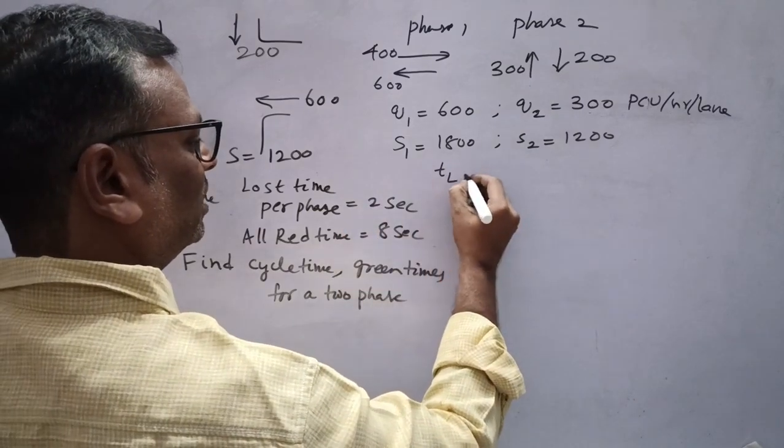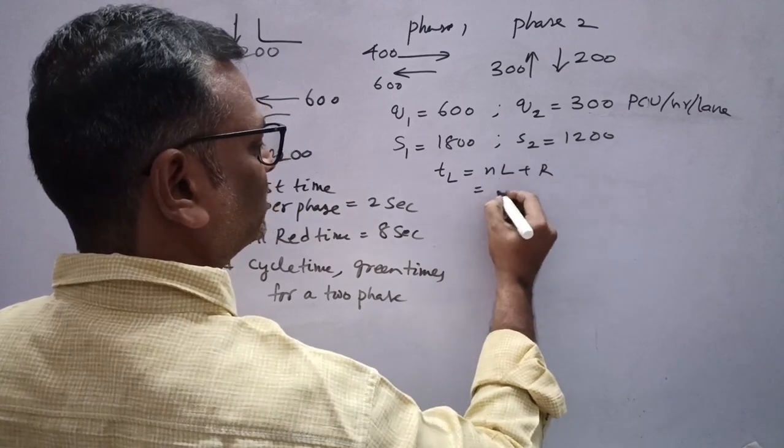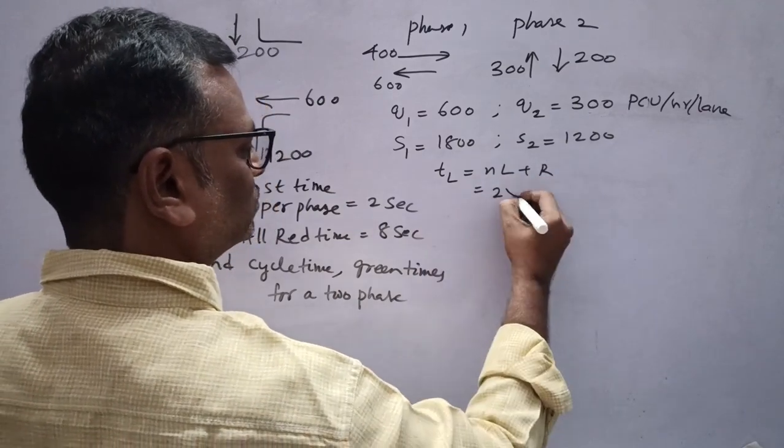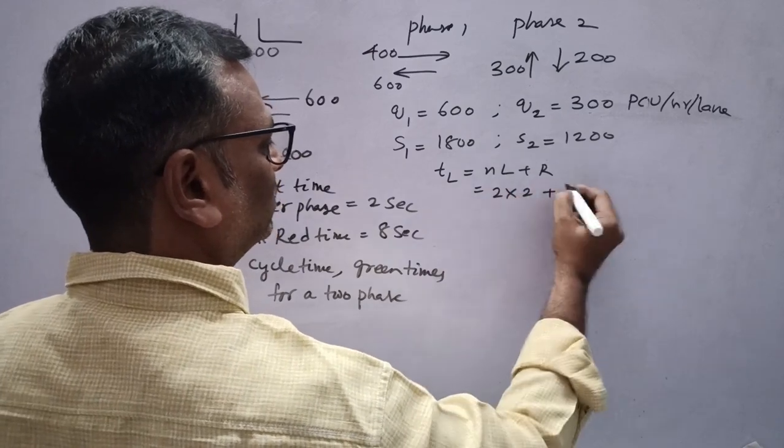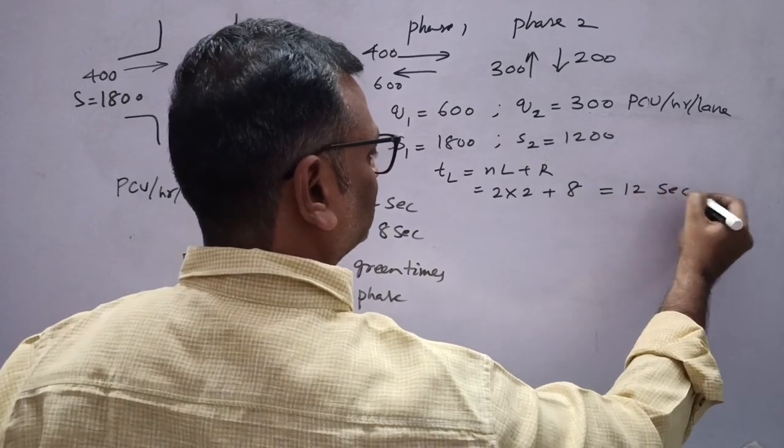We will calculate total lost time as NL plus R. Number of phases is 2, lost time is 2 seconds and all red time is 8, which gives us 12 seconds.